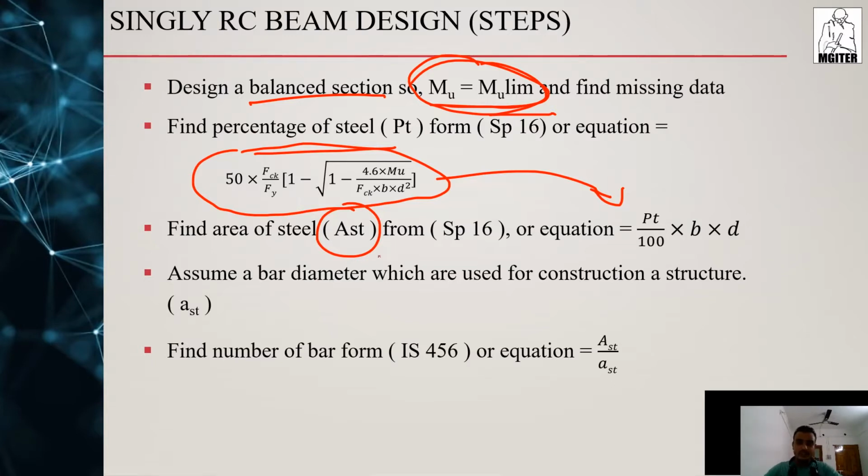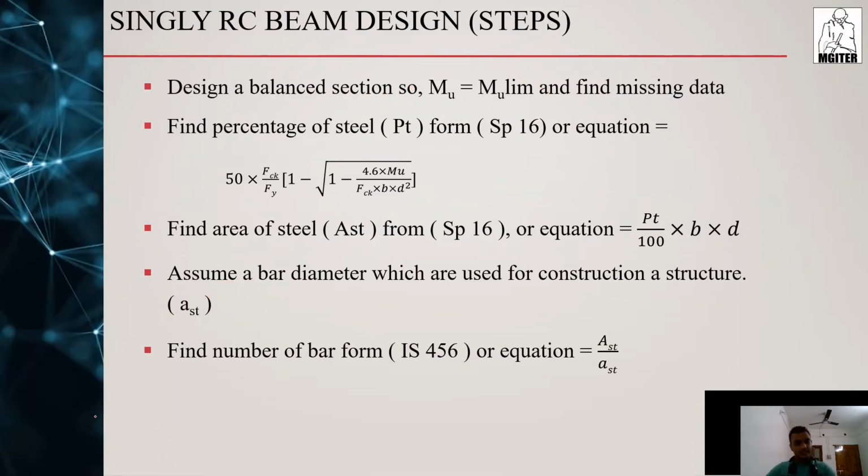After finding the area of steel in the tension zone, we assume a bar diameter, meaning a 10 mm bar or 12 mm bar. We assume this data. Okay, assume the bar diameter. And small ast we find. Small ast means the cross-section area of a bar. This bar is round in shape, so we find the cross-section area of the bar. If I assume a 10 mm diameter bar, small ast is pi by 4 into 10 whole square.